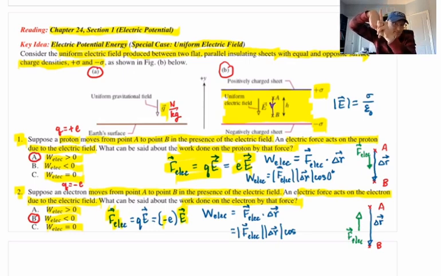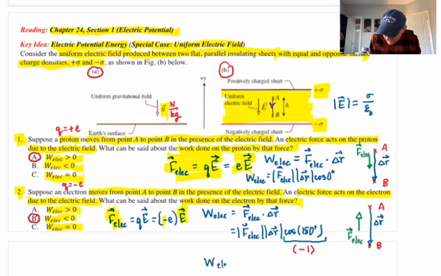Exactly opposite directions, right? So what's that angle between them? Because that's what I have to take the cosine of. Did you say 180 degrees? And what's the cosine of 180 degrees? Did you say -1?